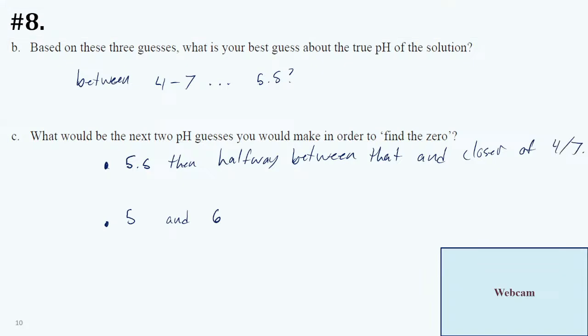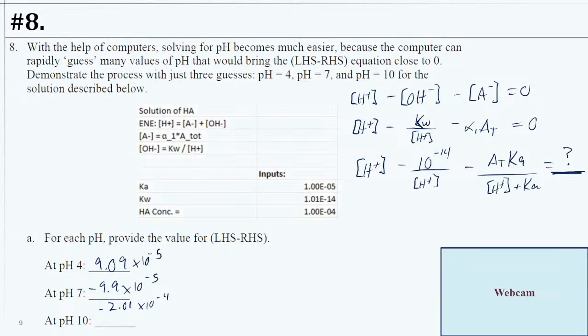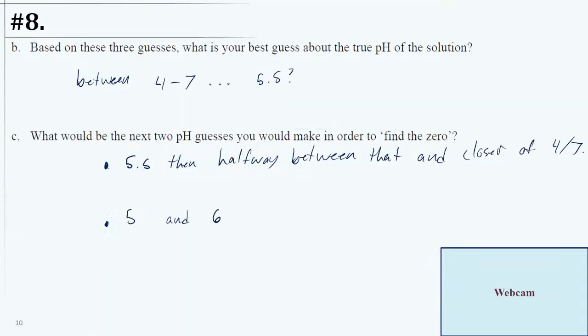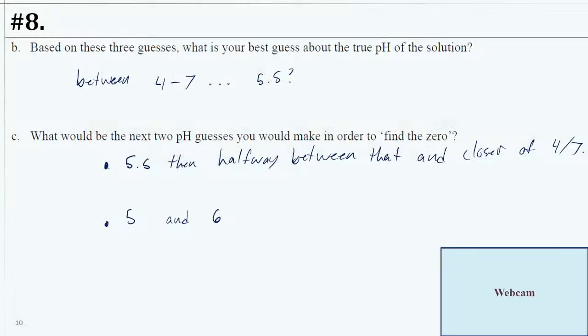And if you got some different numbers here, and it looked like the true 0 should have been between 7 and 10 based on the numbers you calculated, I was looking to make sure that's what you were thinking for B and C, right? And hopefully I accounted for that accordingly. Or perhaps 10 was the closest to 0, and so maybe you had to guess above 10.